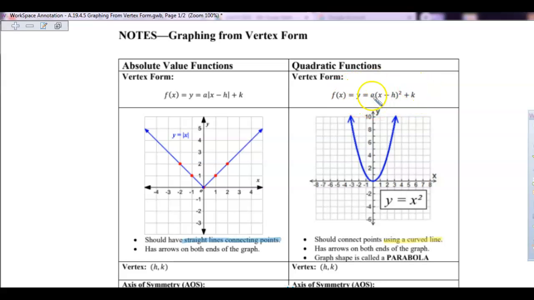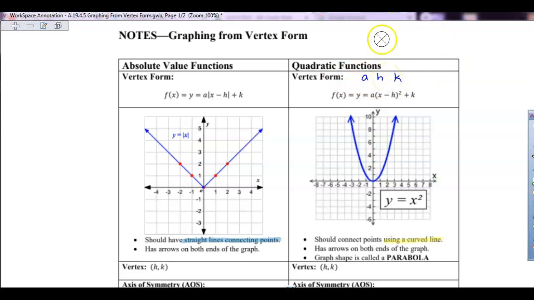This is the vertex form. It's showing all your information. It gives you your a, it gives you your h, and it gives you your k. And we can use those to determine our different parts, like our vertex and our axis of symmetry and things like that. We can figure that from this form.